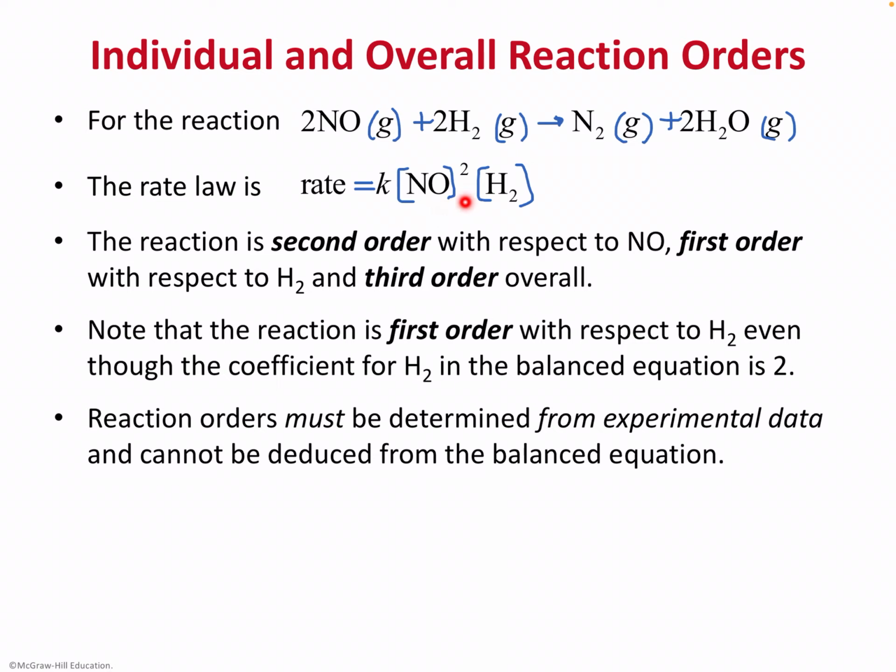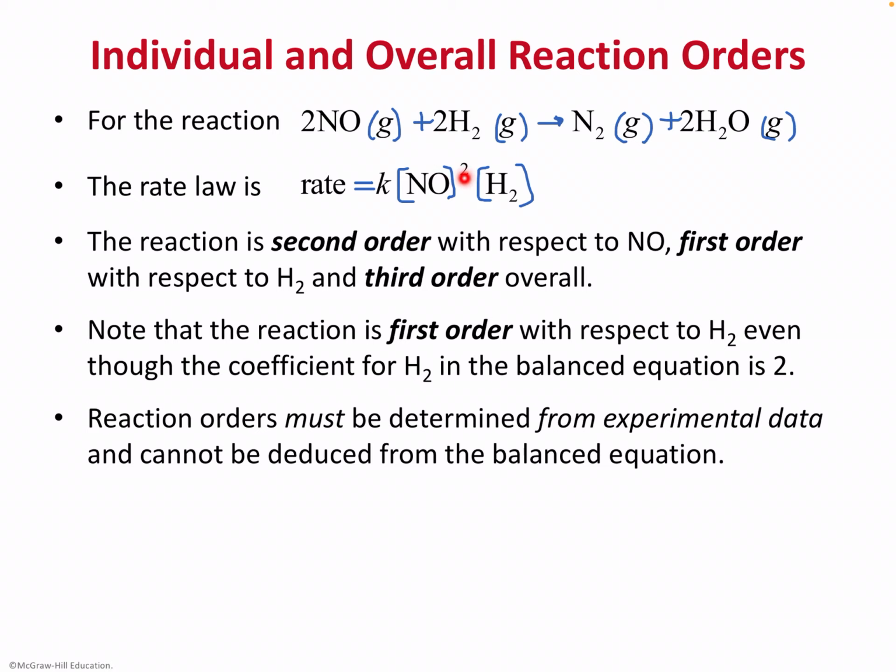And so the rate is second order with respect to nitrogen monoxide, and hydrogen is first order. So notice here in this molar ratio, hydrogen is 2 moles. But we don't put 2 here because remember, orders and the coefficients are not related to each other.